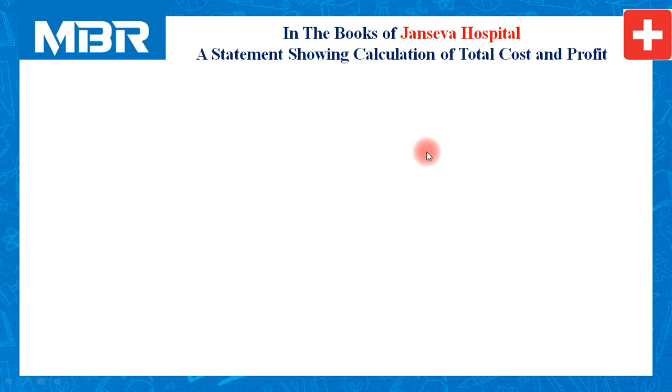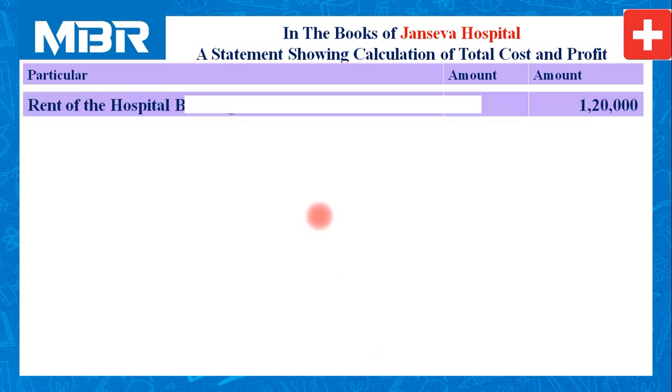Same format: particular, amount. Now, to prepare this table, concentrate on your question. In the first line of your question, it is mentioned that the doctor has hired this building and the rent of this building is rupees 1,20,000 per annum.